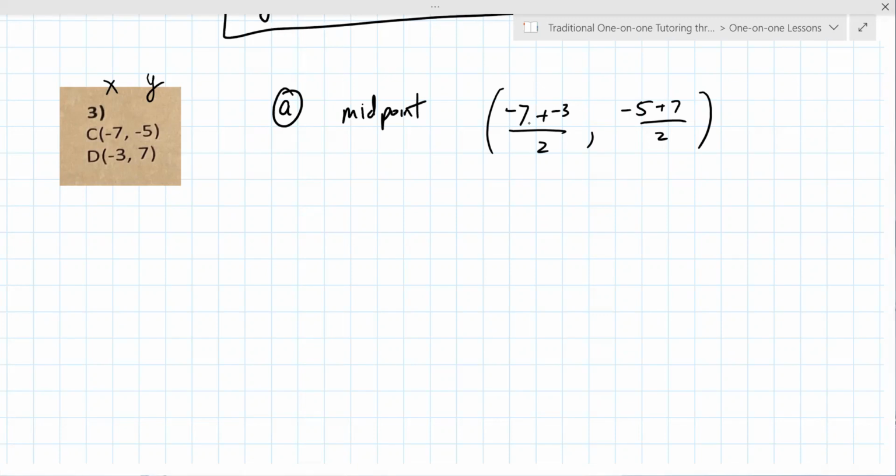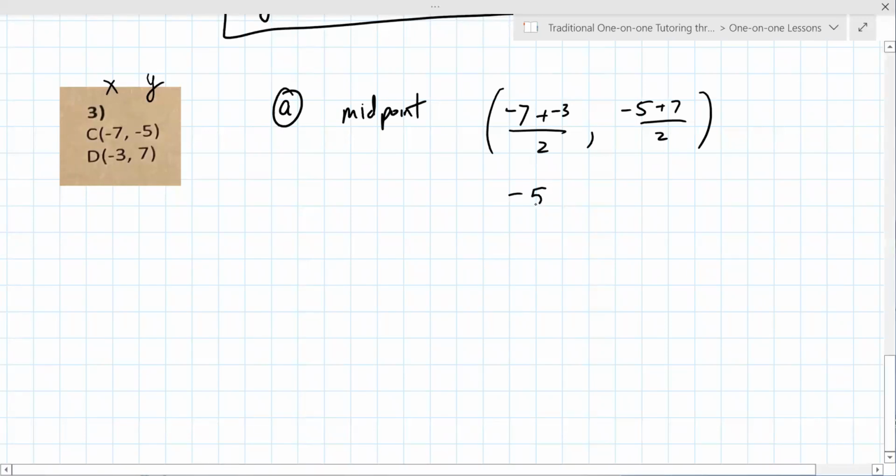What is -10 divided by 2? -5. All right. How about the next one? -5 plus 7 right there.